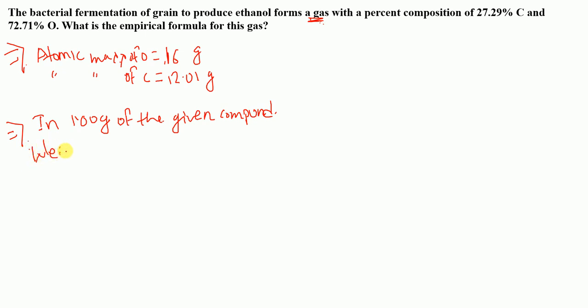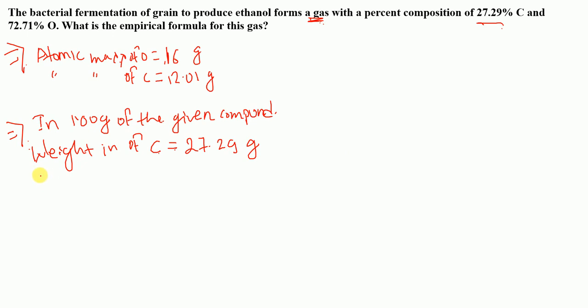The weight in gram of carbon is equal to 27.29%. That means we will have 27.29 gram in 100 gram of the compound.